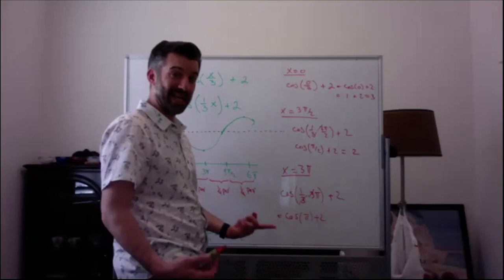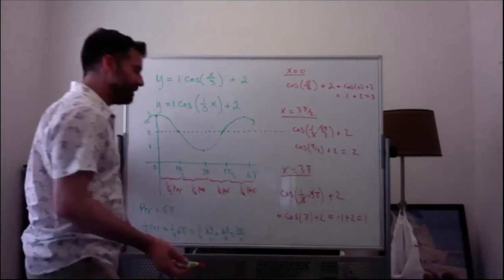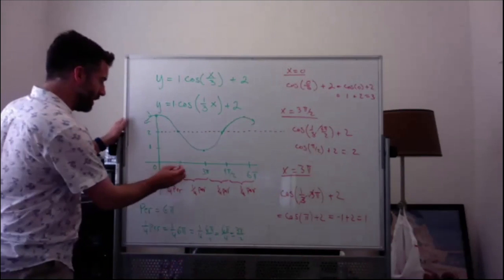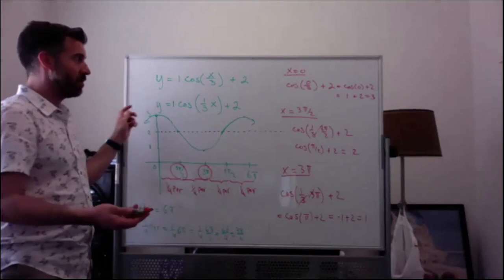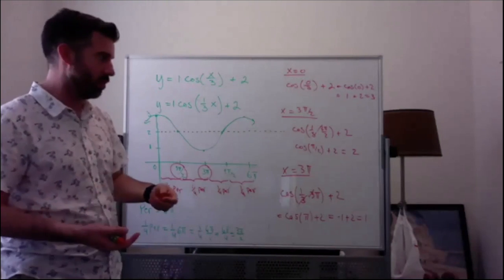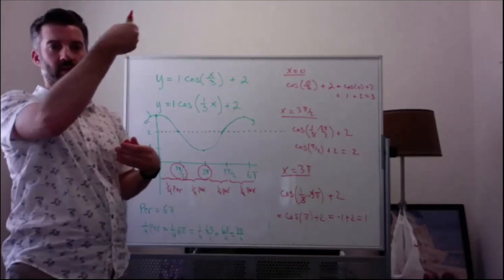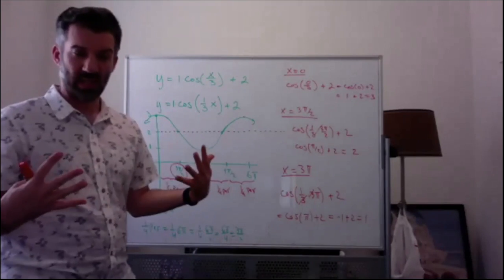Cosine of pi is -1. -1 plus 2 is 1. So that's what's happening, right? The reason we are picking these important values is because when we simplify this expression, they end up being the usual 0, pi over 2, pi, 3 pi over 2, 2 pi. That's the whole gist.